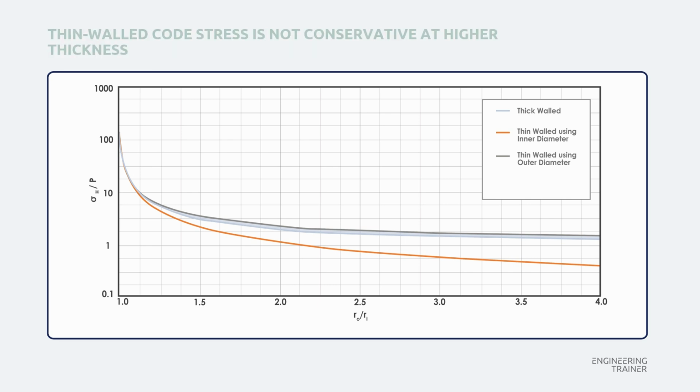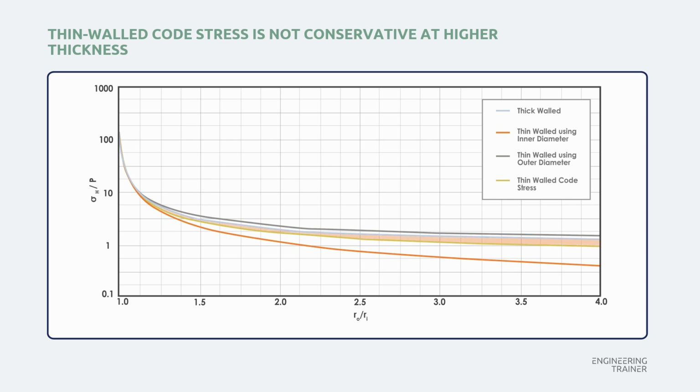The second reason is that the thin-walled code stress is not conservative at higher thickness. When designing piping systems, according to a design code, you have to adhere to a certain code stress. This code stress typically lies between the thin-walled relations for the inner diameter and the outer diameter.